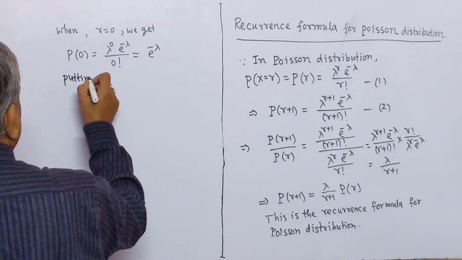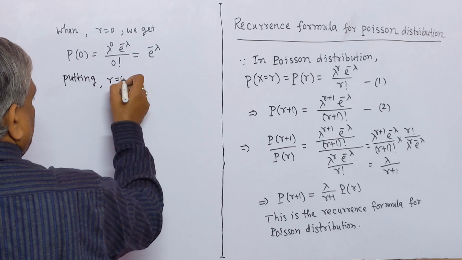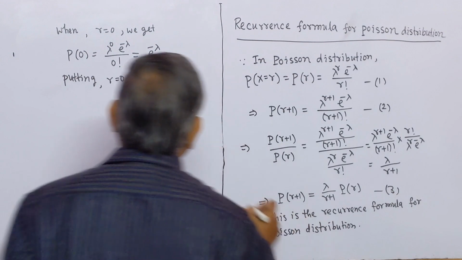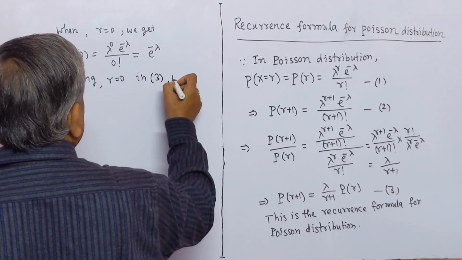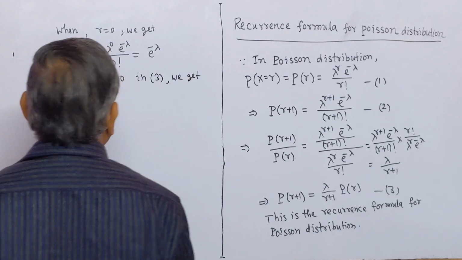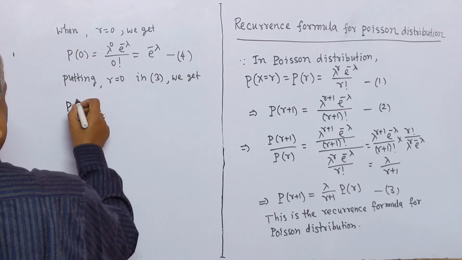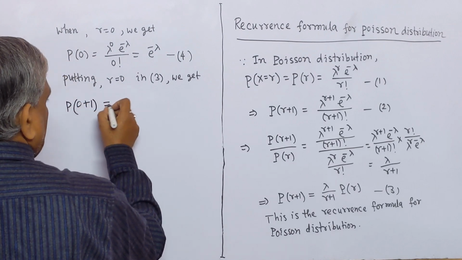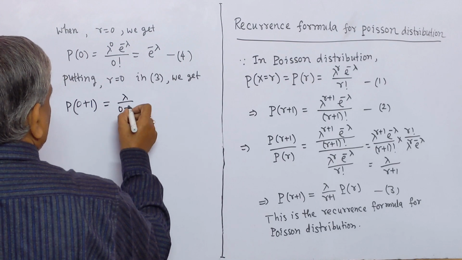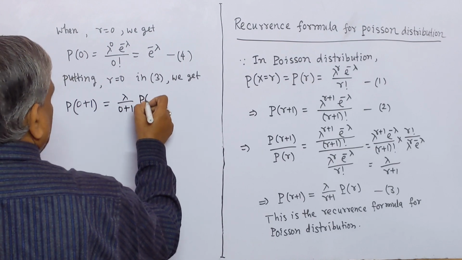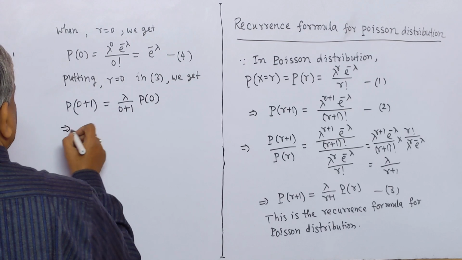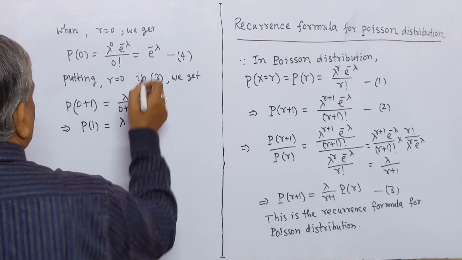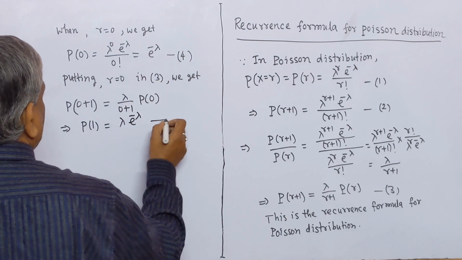This is number 3. Putting r equal to 0 in the recurrence formula, we get P(0+1) equals lambda by 0 plus 1 times P(0), implies that P(1) equals lambda P(0), which is lambda e to the power minus lambda. This is number 5.